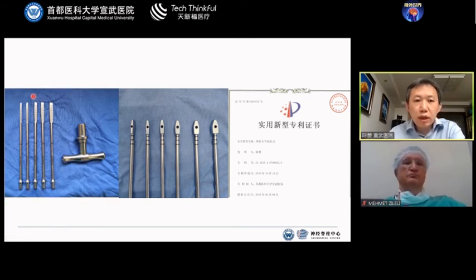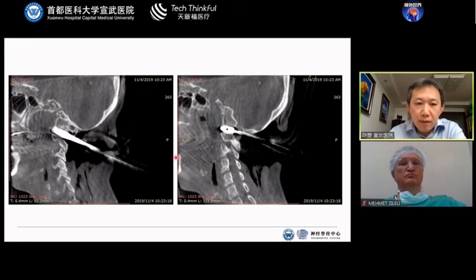This is a distractor for the facet joint, and this is a trial of different sizes for the facet joint. And this is the intraoperative CT scan. We can see the distractor and the trial in the facet joint.